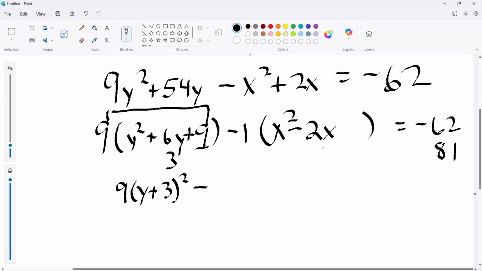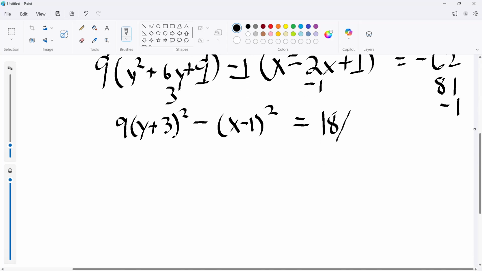And then minus, and half of negative 2 is negative 1, so it's x minus 1 squared. Negative 1 squared is 1. Negative 1 times 1 is negative 1, so I'll also add negative 1. And that equals, what is 81 minus 62 minus 1 is 18. I will divide everything by 18.